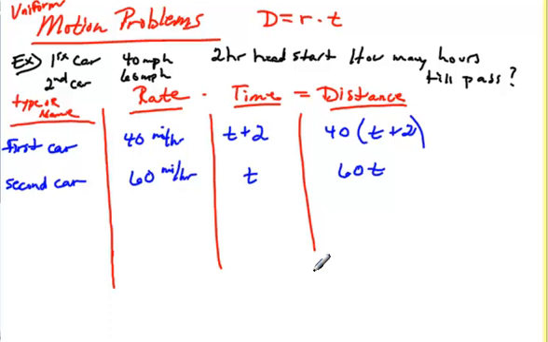When you get to this point, you have to look at what the question's asking you. This one wants to know when are the distances equal. So for distance, you set the two distances equal. We'll say 40 times t plus 2 equals 60t.